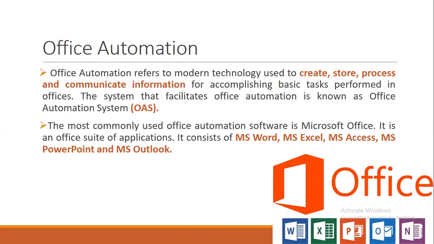As we have already discussed, office automation means the use of latest technology to create, store, process, and communicate information for doing the basic task in an office on daily basis.